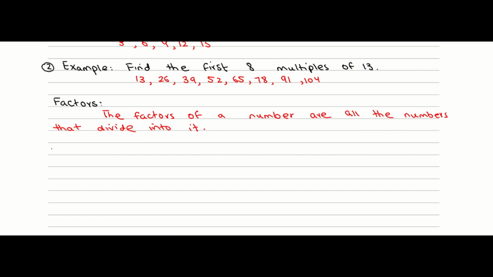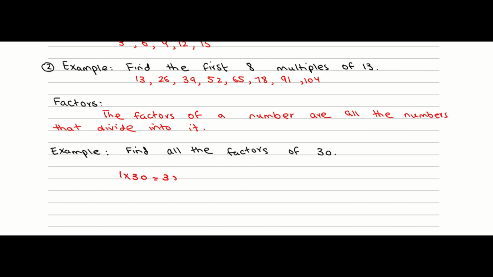Example: find all the factors of 30. We'll start off with 1 times the number itself. 1 times 30 is 30.